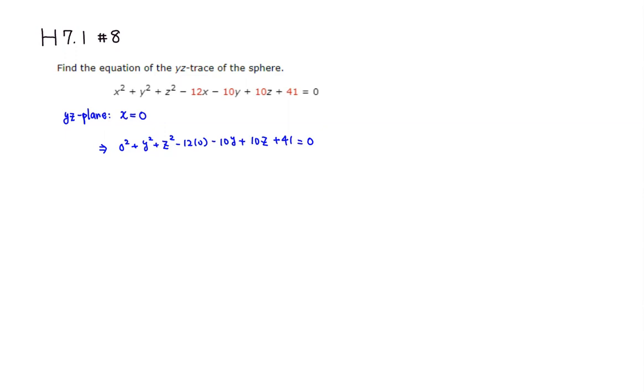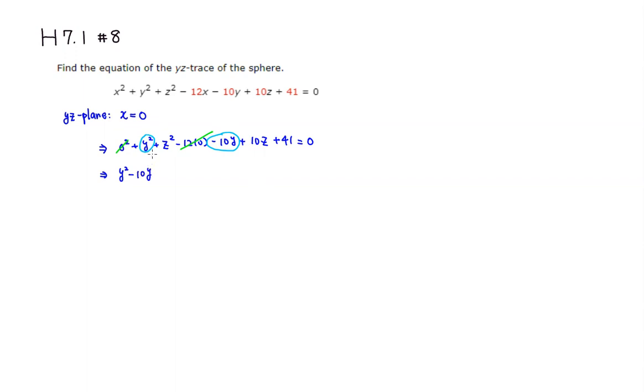If you plug in 0, those terms go away. Then I'm going to group together all the y's: the y squared term and the minus 10y, so y squared minus 10y.